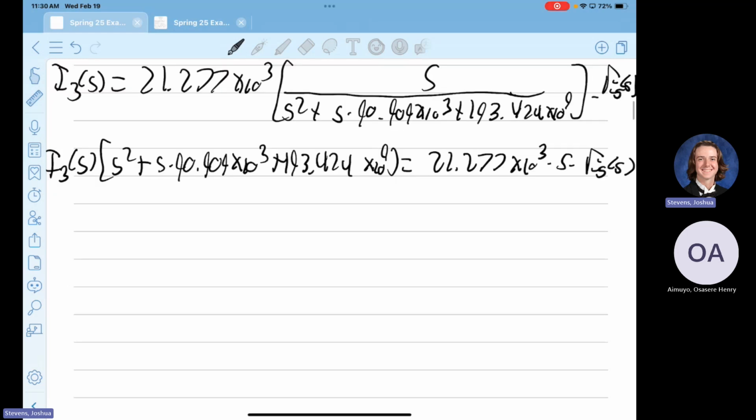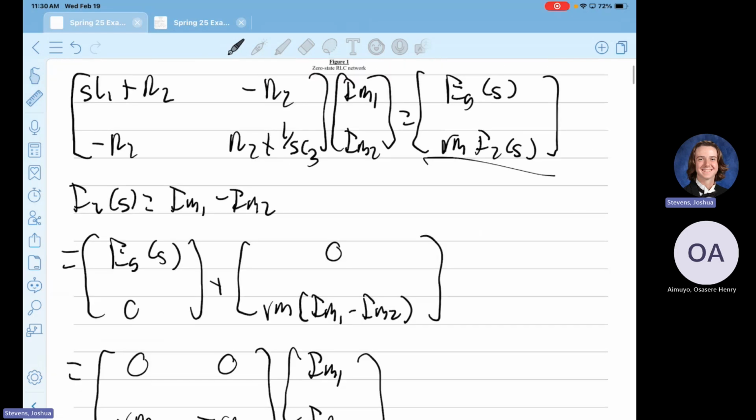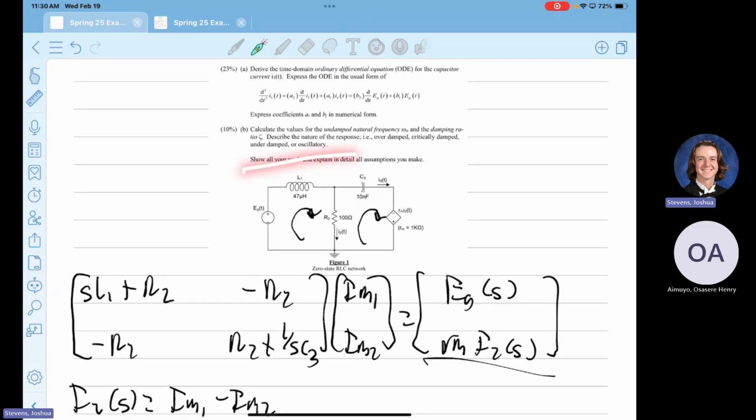Now I'm going to factor out that I3 of S, and I'm going to do it to where it's in a similar form as this equation here.